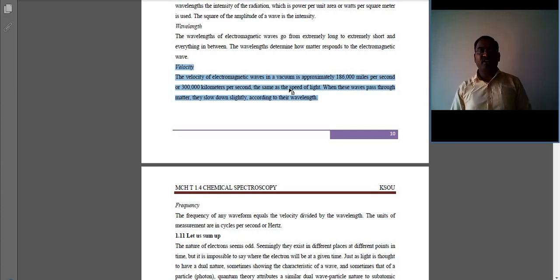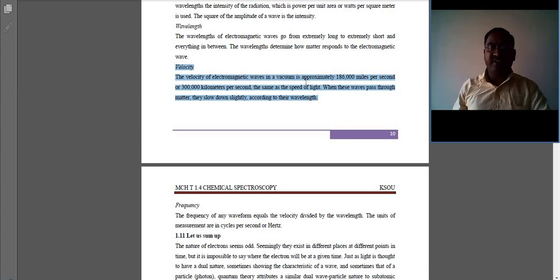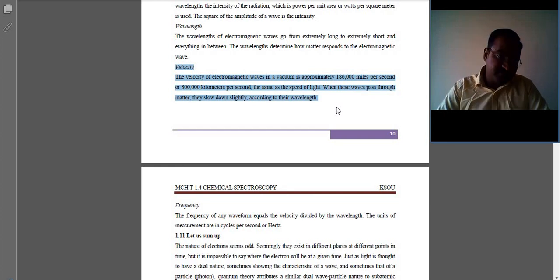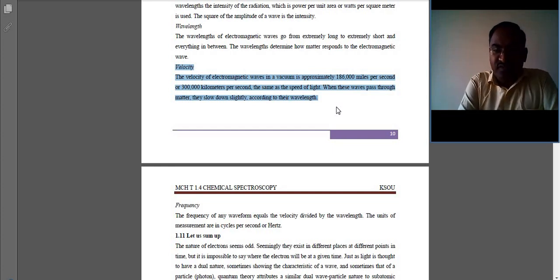The velocity of electromagnetic waves in vacuum is approximately 186,000 miles per second or 3 lakh kilometers per second. That is the same as the speed of light. When these waves pass through matter, they slow down slightly according to their wavelength.